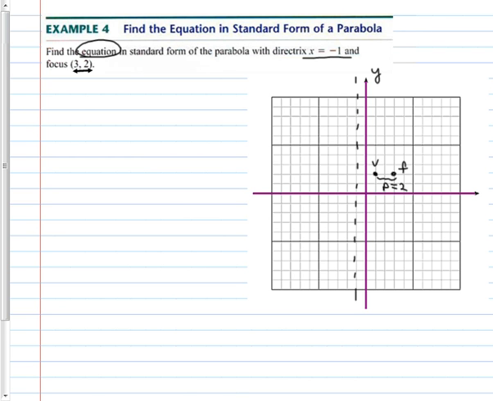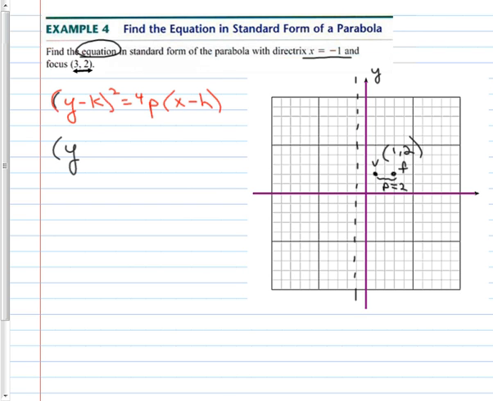Now my vertex, what are the ordered pairs? We can just tell from the graph. 1 comma 2. And we already established the fact that it was a y squared one. So I'm going to be filling in y minus k quantity squared equals 4p times x minus h. Y, what was our k value? 2, positive 2.